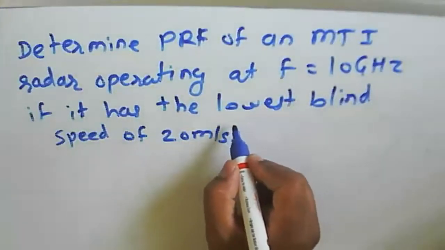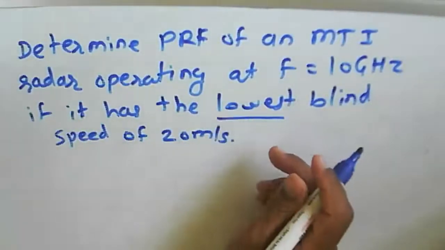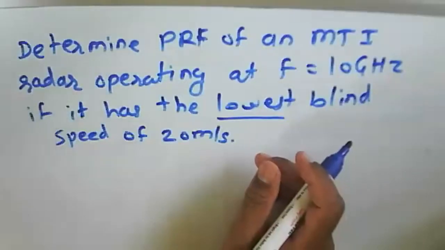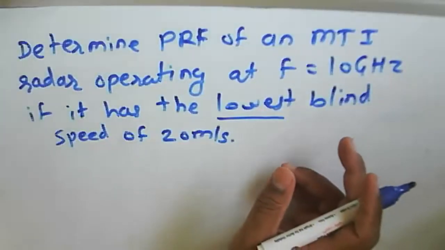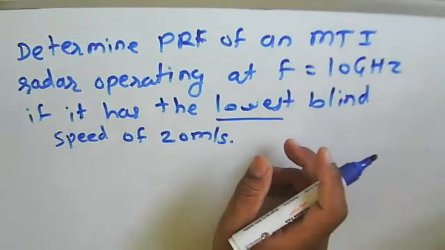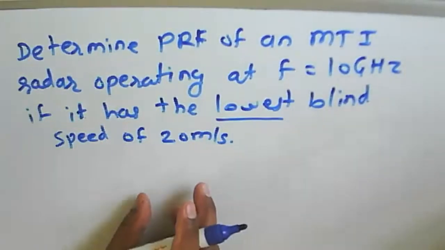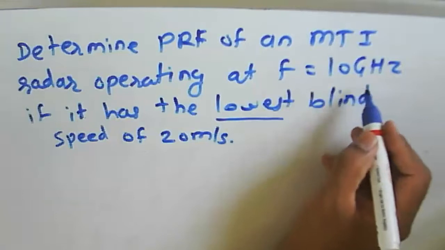What about the terms given? It means that for a target, we can say it has a lowest blind speed of 20 meters per second, at a frequency f equal to 10 gigahertz.